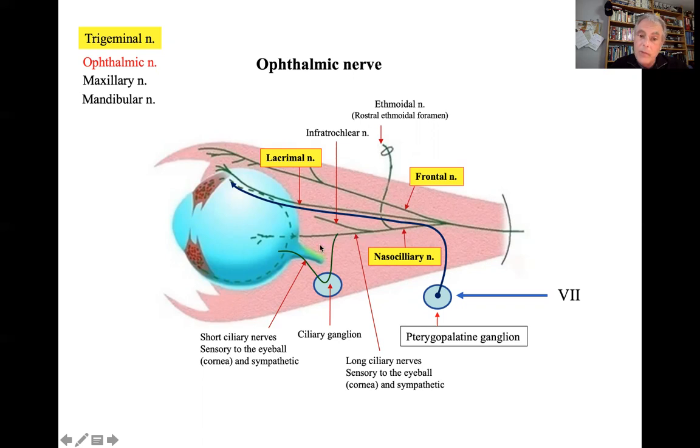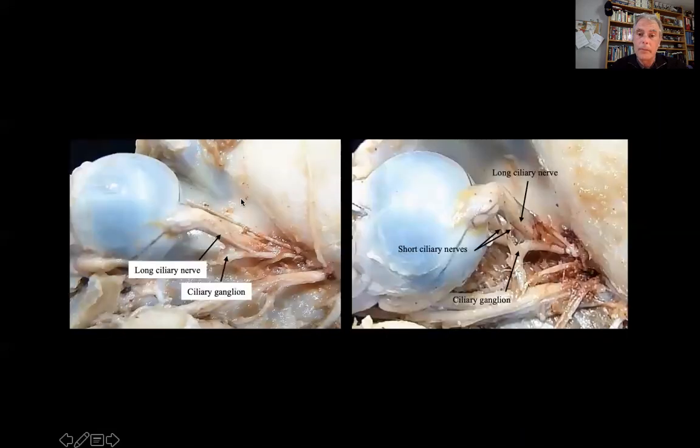These nerves run with the optic nerve to enter the eye, and they are carrying sympathetic innervation. And some of the fibers of the long ciliary nerve detach from the nerve, pass through the ciliary ganglion without making any synapses at all, and they join the short ciliary nerves in order to enter the eye. Another branch is the infratrochlear nerve that runs to the medial canthus of the eye to be sensory.